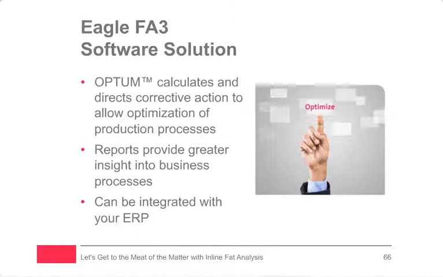These can calculate and direct corrective action to allow the optimization of the production process. Multiple reports can be produced to provide greater insight into the actual production process of the line. When we feed more data into the production system, or the Optim software, by integrating it with the ERP, even further advancements in optimization are possible.